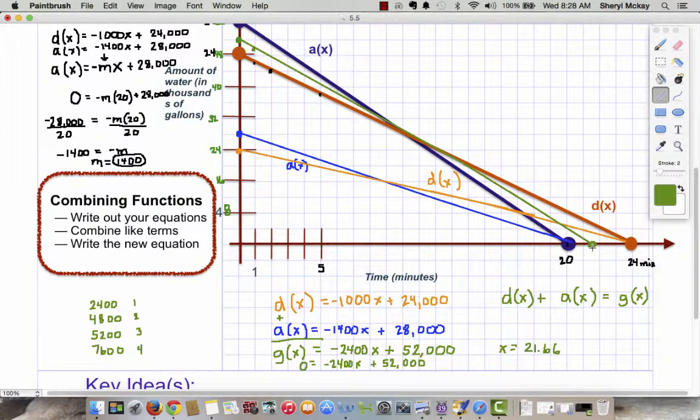Okay, so I'm going to try to make that. It's too bad that's not a little bit thicker line, but you get the idea.